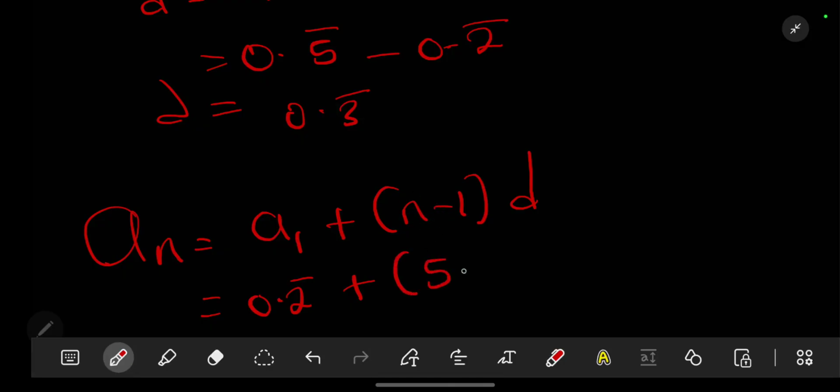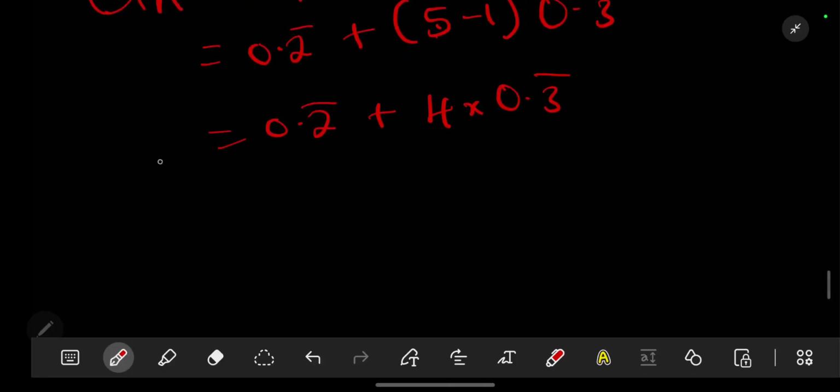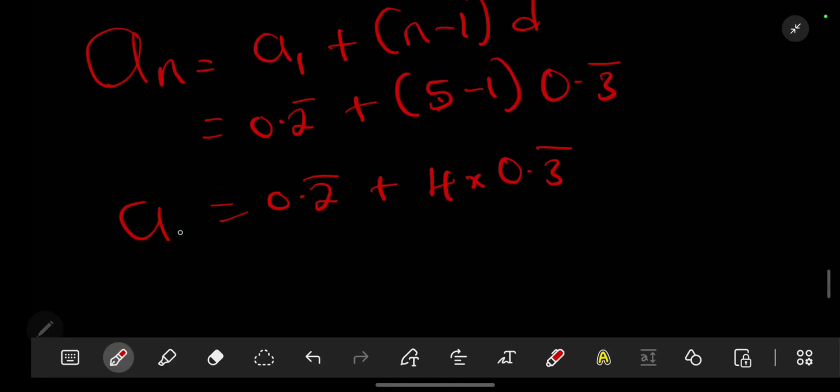We are looking at the fifth term, so it's 5 minus 1 times d, which is 0.3 bar. So now we have 0.2 bar plus, since 5 minus 1 is 4, 4 times 0.3 bar, like that. So we are looking at a5.